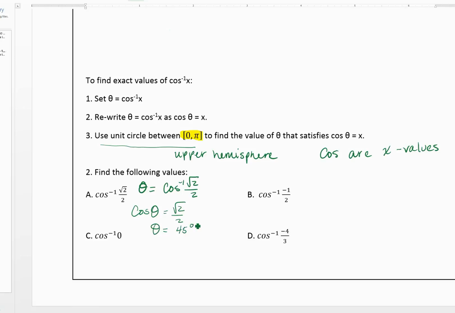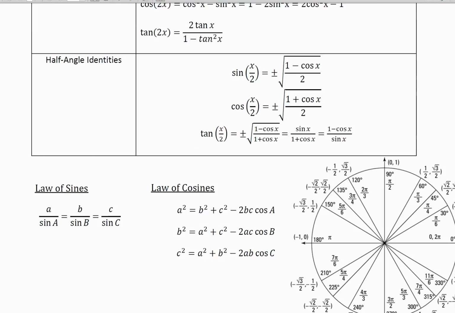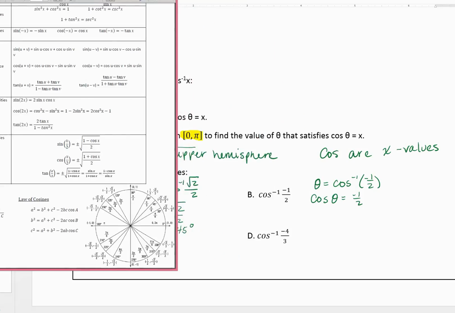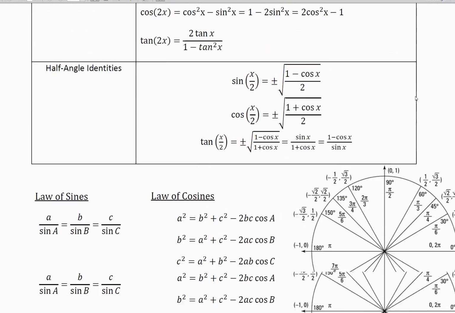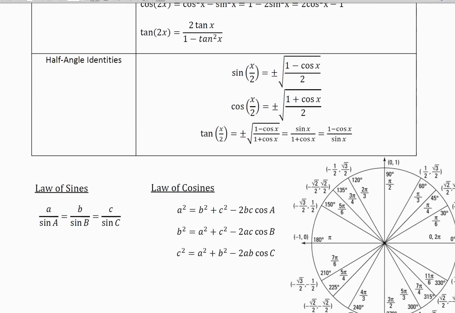Okay. Let's look at B. We're saying, what is cosine inverse of -1/2? So we'd say theta equals cosine inverse of -1/2. So we want to know where is cosine of theta equal to -1/2. So we're going to use our unit circle again. And we want to know where is the x value -1/2, which is right here.